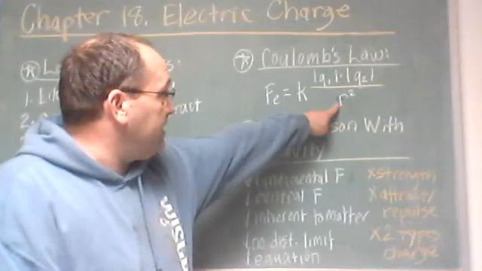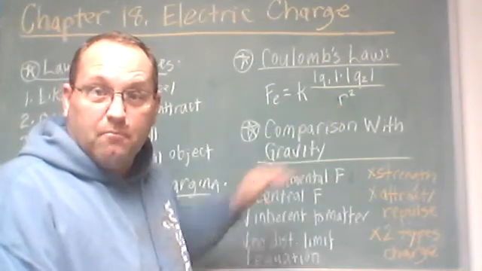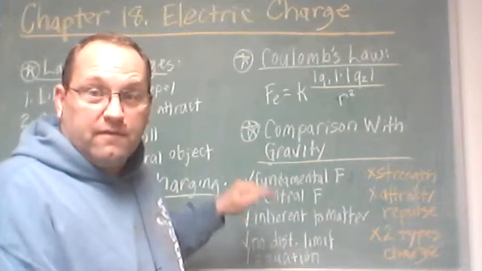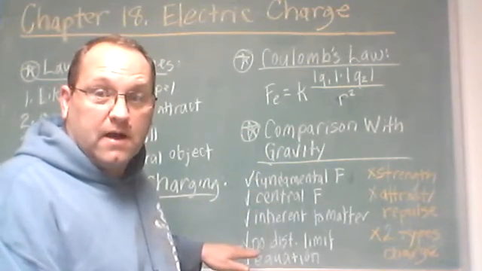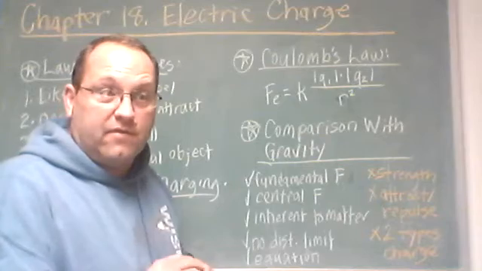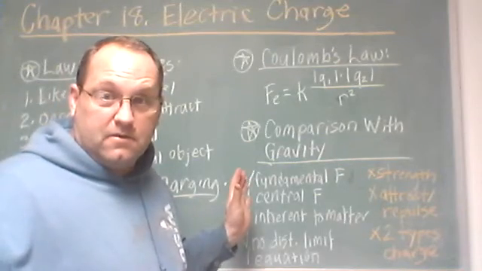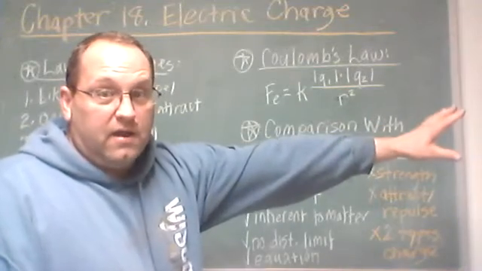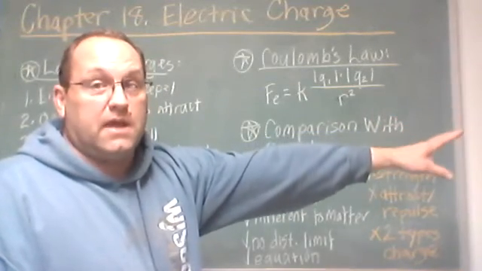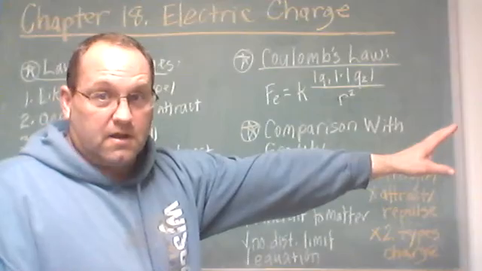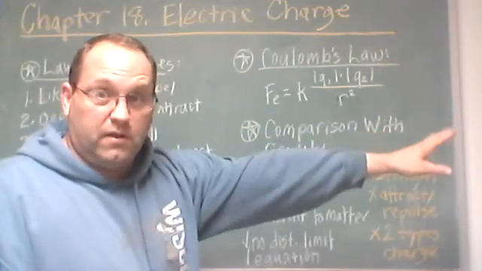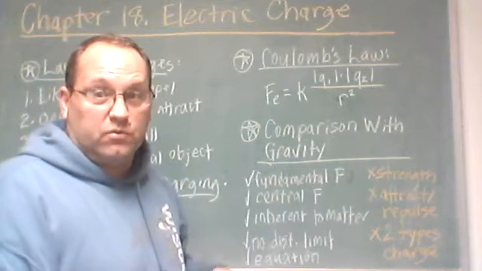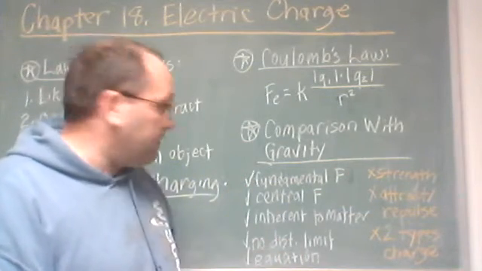Because of this distance relationship, both electromagnetic forces and gravity forces have no limit on the distance in which they act. They are limitless. We learned in gravity, it doesn't matter how far you get away from another object, you can never escape its effect of gravity on you. You can get it really, really small, but you can't get it down to zero. And the same holds true with the electromagnetic force.